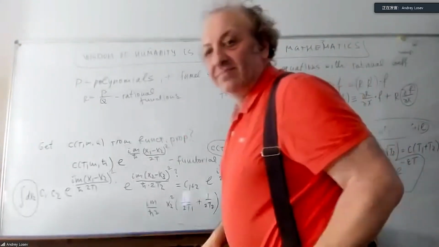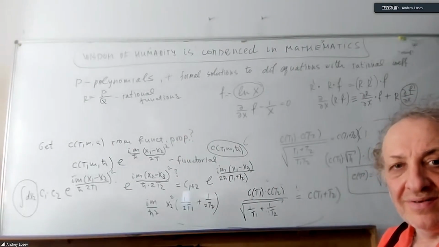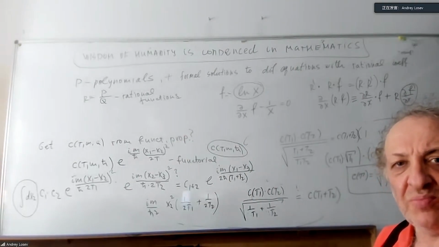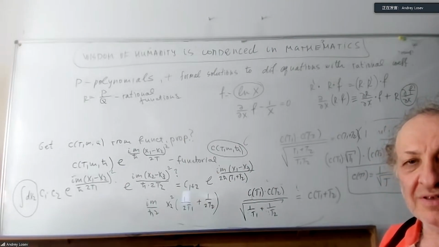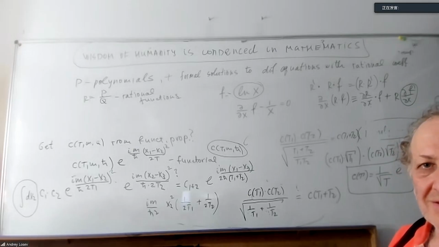That's why this function generates what is called a D-module. D means the module over the ring of rational differential operators. Okay?